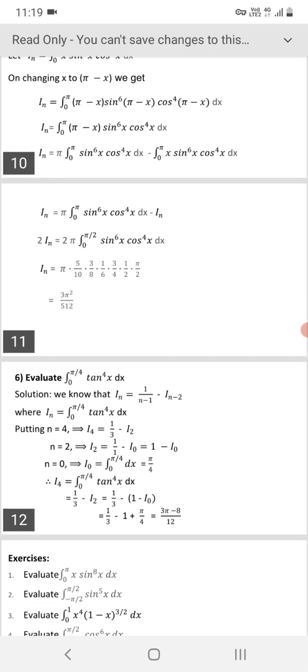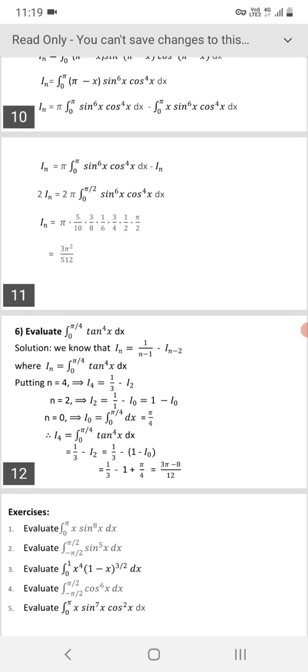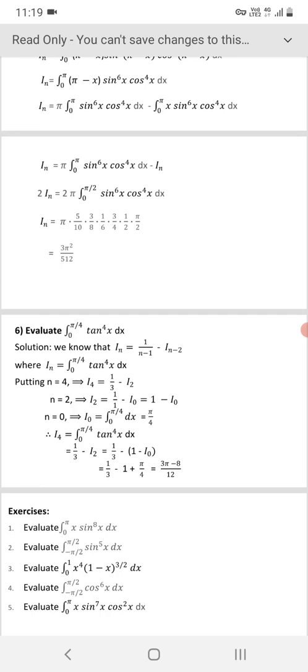And one more, evaluate integration 0 to pi by 4 tan 4x with respect to x. Now we know the result, that is the reduction formula for tan power n x with respect to x, that is In equals 1 by (n minus 1) minus I of n minus 2, where In equals integration 0 to pi by 4 tan power n x with respect to x.